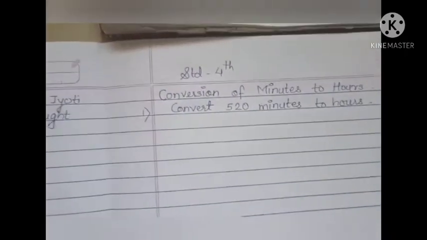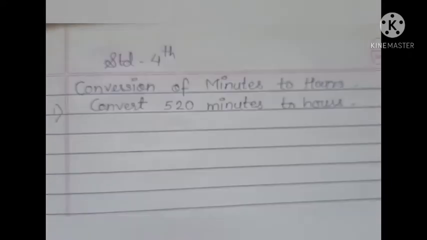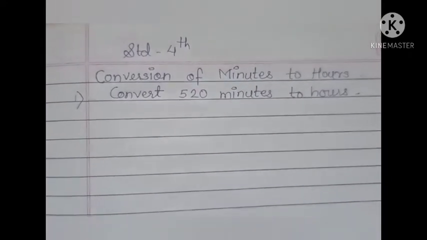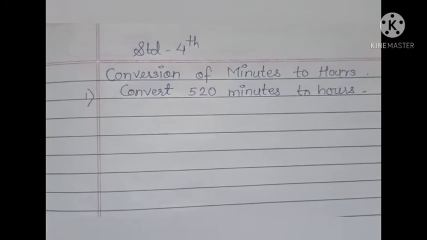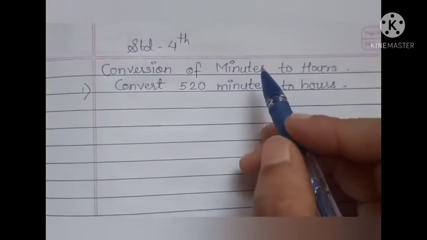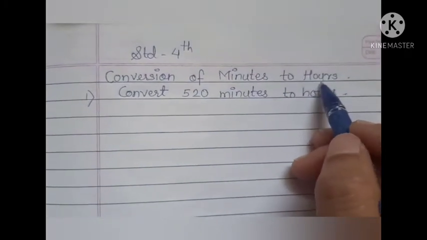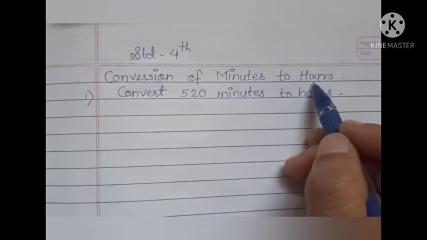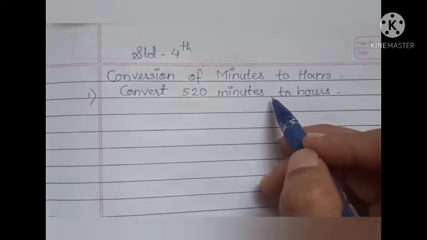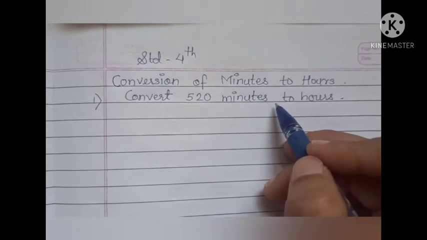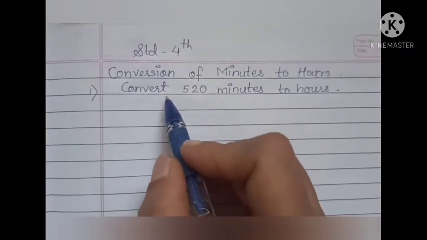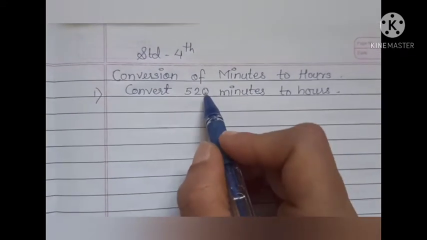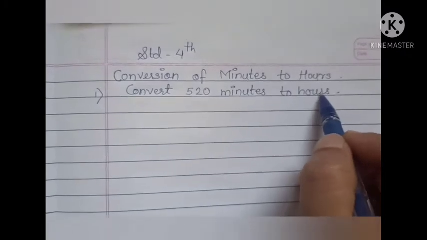So students, when we convert smaller unit to bigger unit, we have to divide. So if we want to convert minutes to hours, then we have to divide the number of minutes given by 60, right? So see here an example is given, convert 520 minutes to hours.